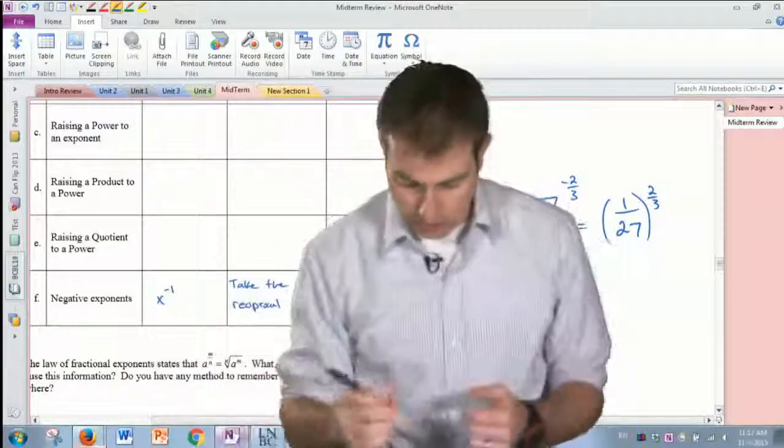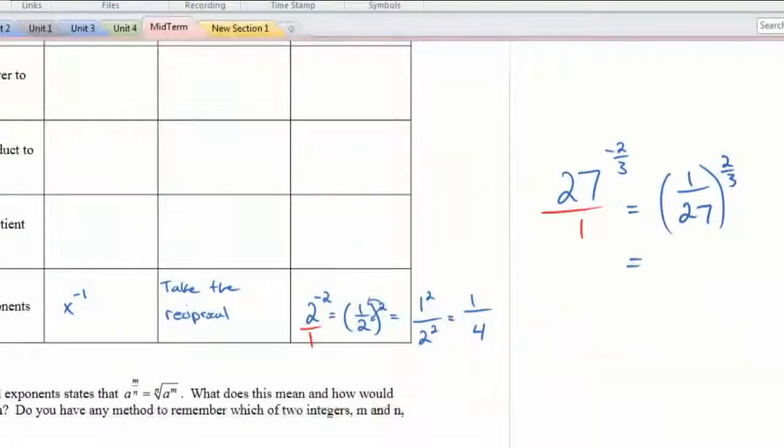So I'm going to finish this one off here. Whatever's on the bottom is going to be our root, and whatever's on the top is going to be our power. So I'm going to take, on both the top and the bottom, the third root of everything, squared.